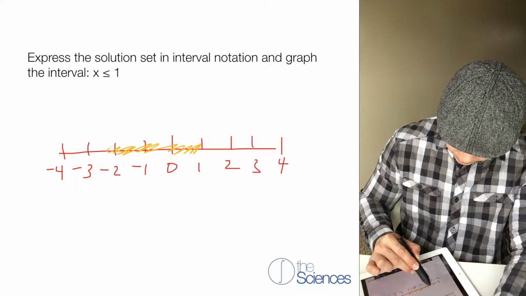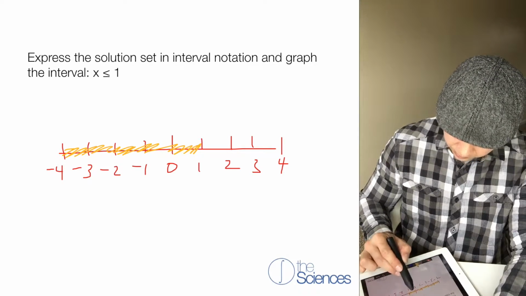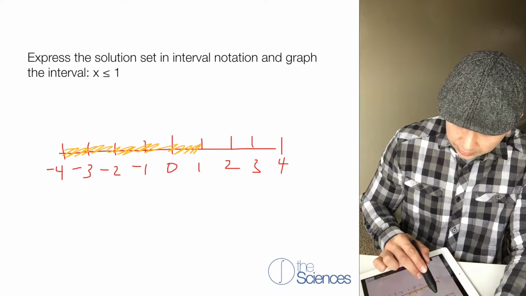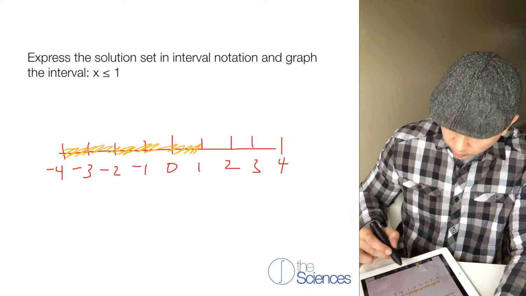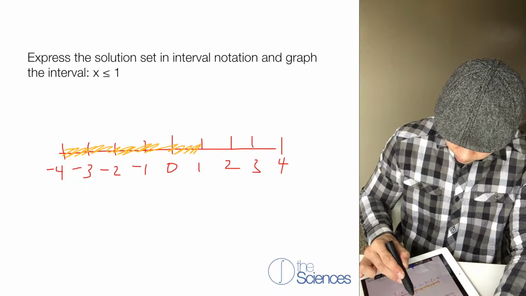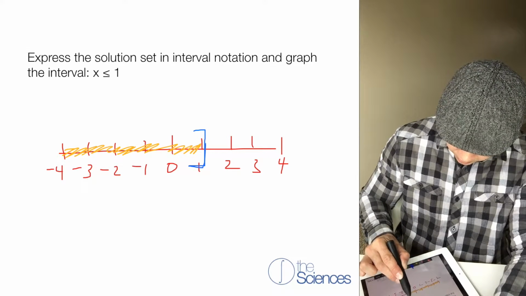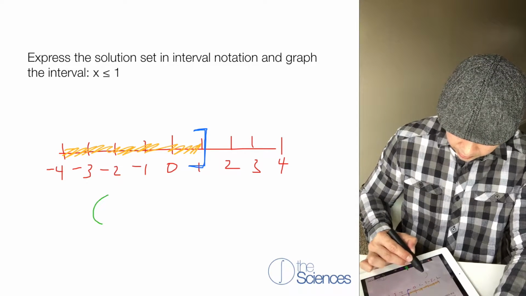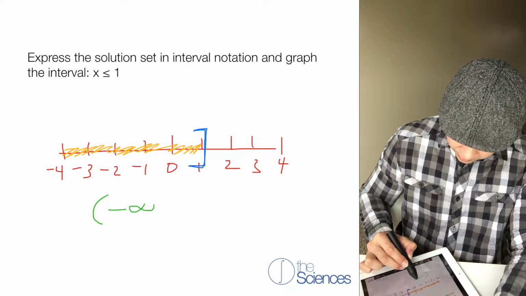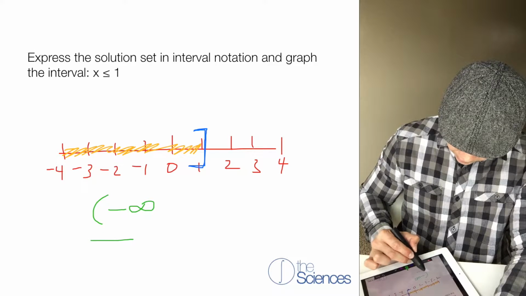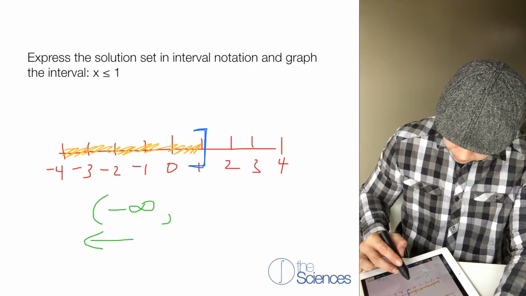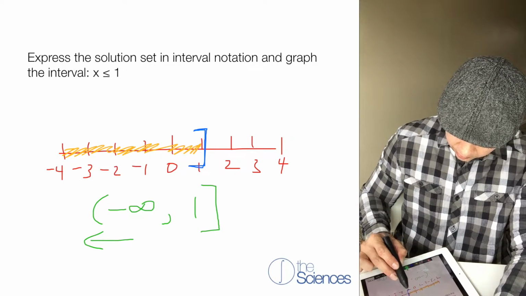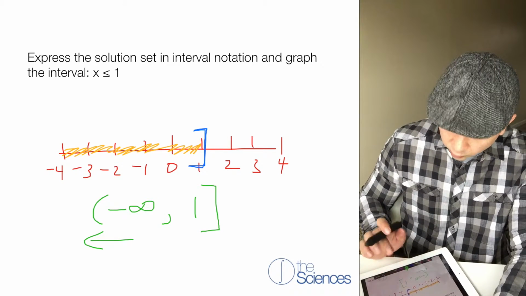So that means it's going in this direction. And x is less than but equal to 1. So that means we can use this bracket sign. So the way we write this in interval notation is negative infinity, because x is going in this direction, 1, and we use a bracket sign because it also includes 1.